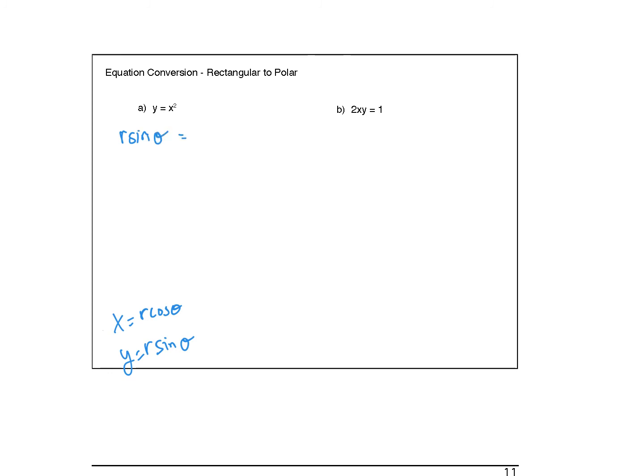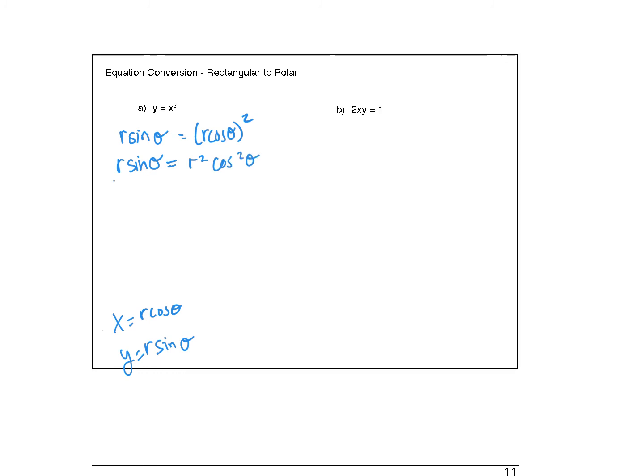X is r cos theta, so I'm doing the same thing there, and I have a squared. All right. Now what I want to try to do is solve it so it says r equals blank. Okay? So I have r sine theta equaling r squared cosine squared theta.